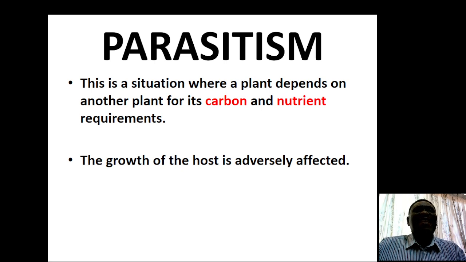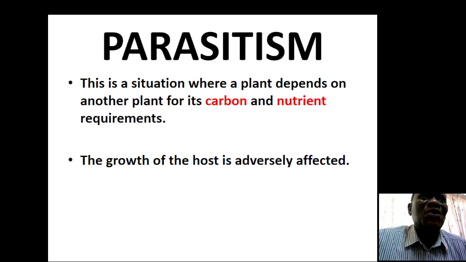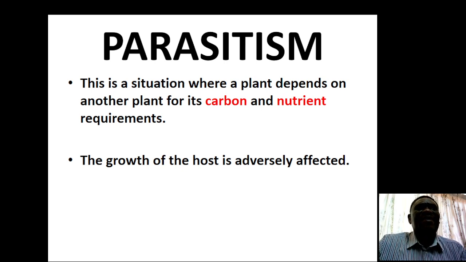Parasitism is the extreme case where a weed can exploit a crop. This is where a plant depends on another plant for its carbon and nutrient requirements. The growth of the host is adversely affected.